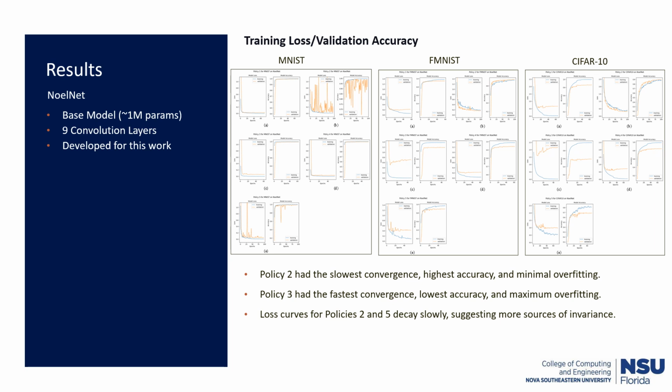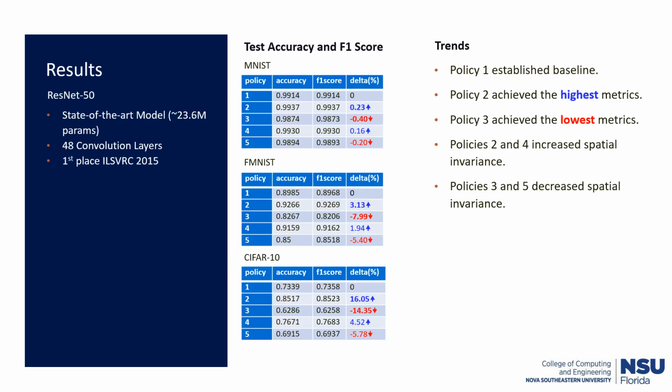Then we see policy 3 had the fastest convergence, the lowest accuracy, and maximum overfitting. The loss curves for policies 2 and 4 decay slowly, which suggests more sources of invariance. Now remember, policy 2, represented by B here, is the one that uses RandAugment only, while policy 3 is the one that uses generative samples only. Now what about ResNet50?